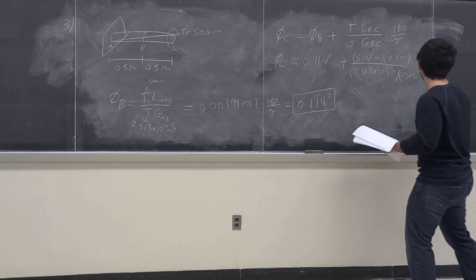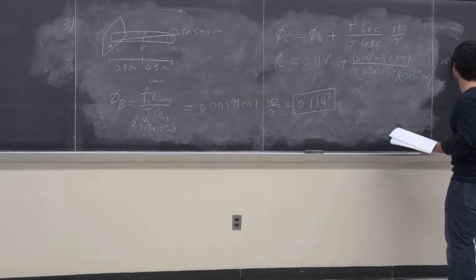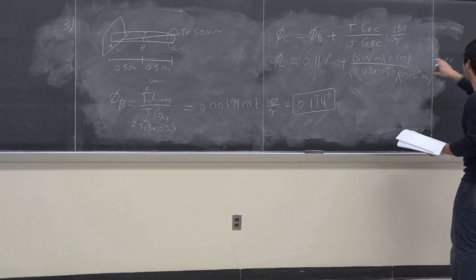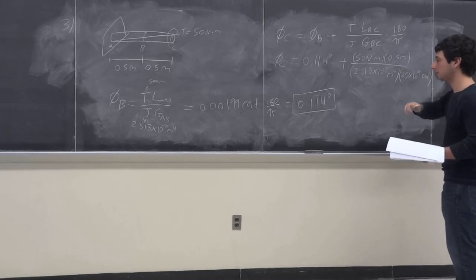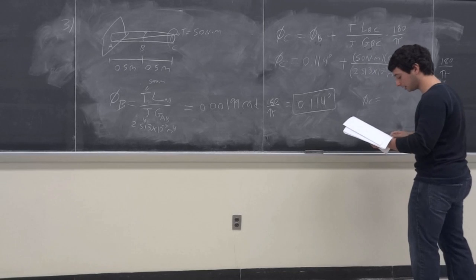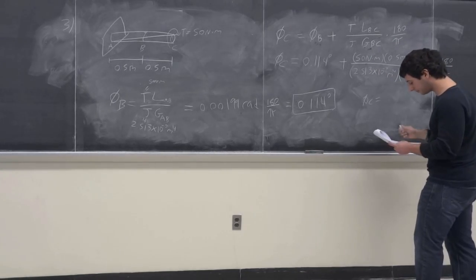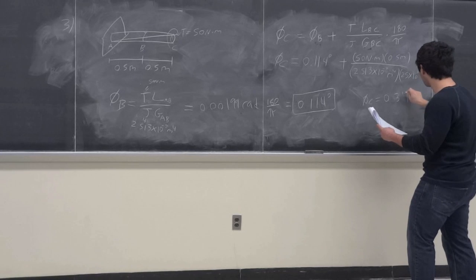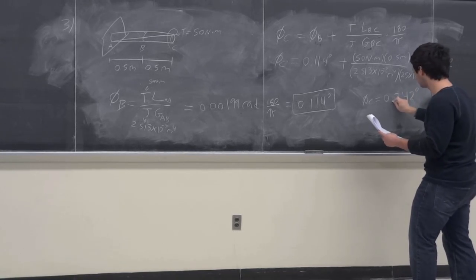And this is multiplied by 180 over pi, because right now it's in radians and I want to convert that into degrees. So we get the angle of twist at C, after you plug and chug, 0.342 degrees.